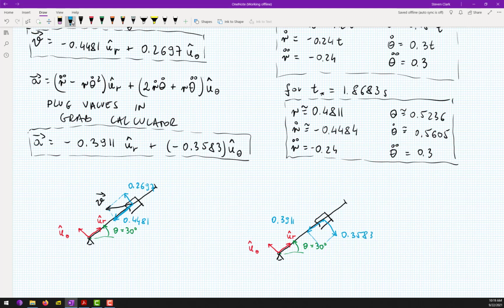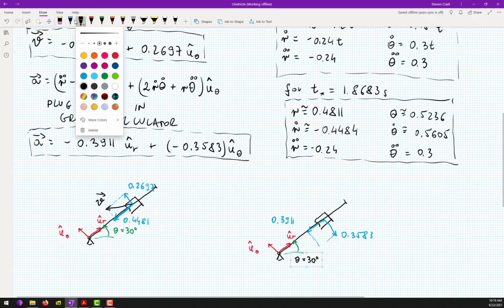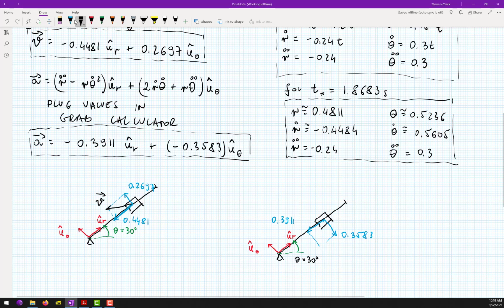Okay, and this is our acceleration vector, A. So this is what velocity and what acceleration our collar experiences at this time instant.